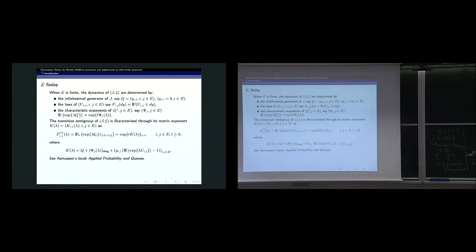And these identities, and many other identities, are described in Asmussen's book on applied probability and queues.